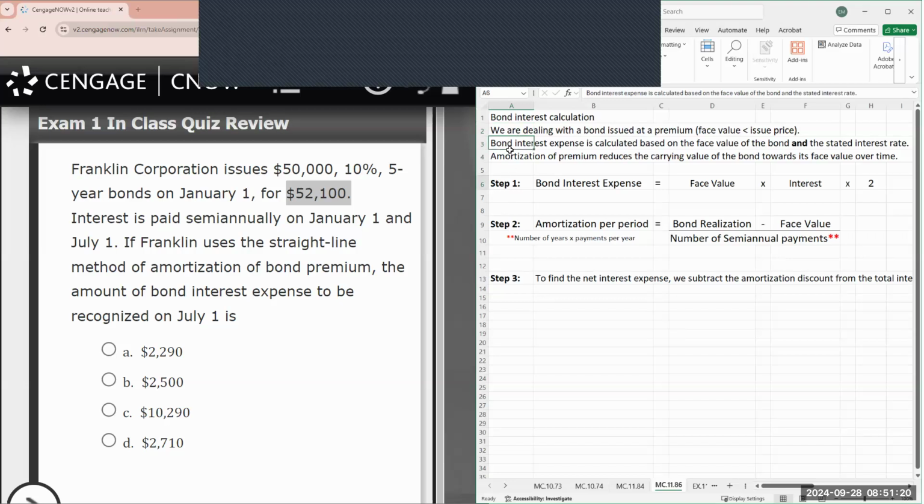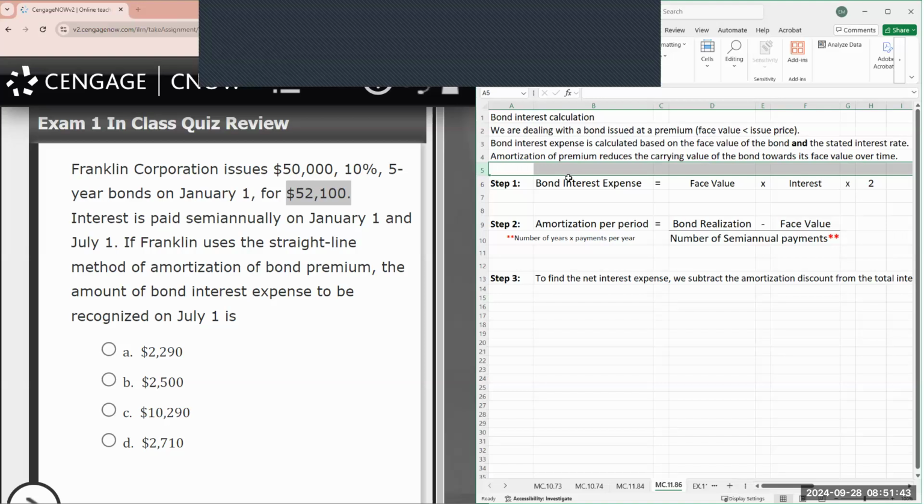The bond interest expense is calculated based on the face value of the bond and the stated interest rate. And the amortization of the premium reduces the carrying value of the bond towards its face value over time. So at the end of the 5-year period, the carrying value of the bond is going to be equal to the face value.